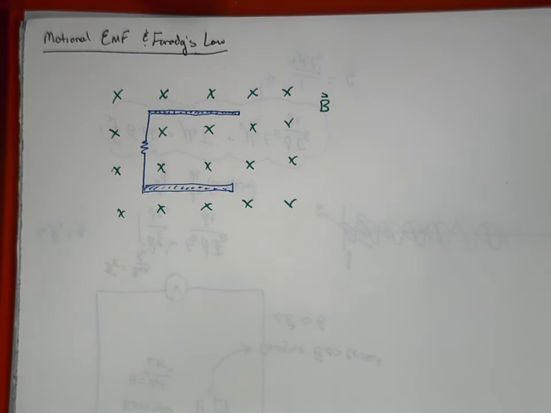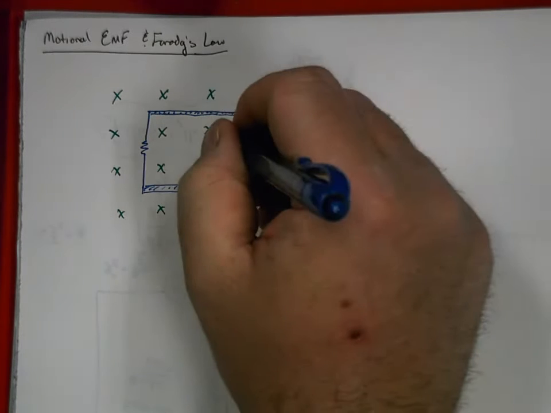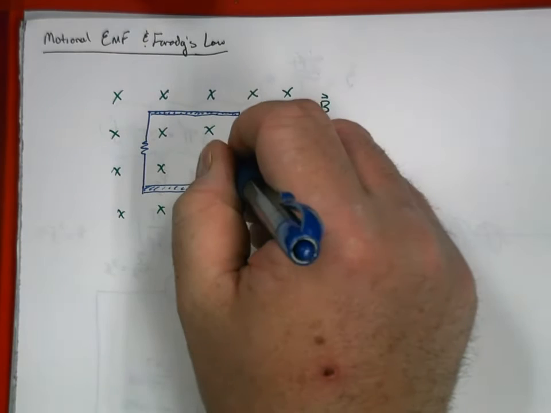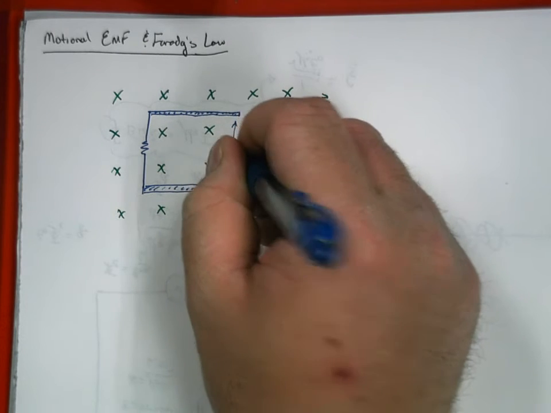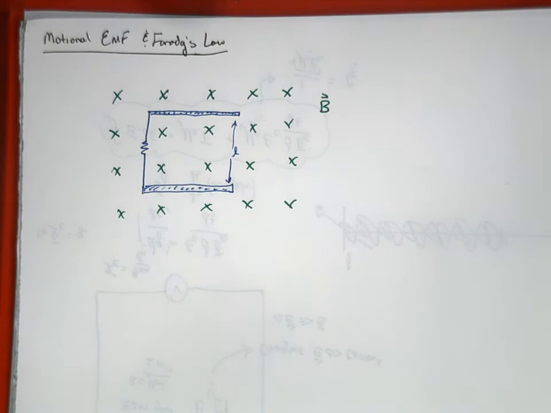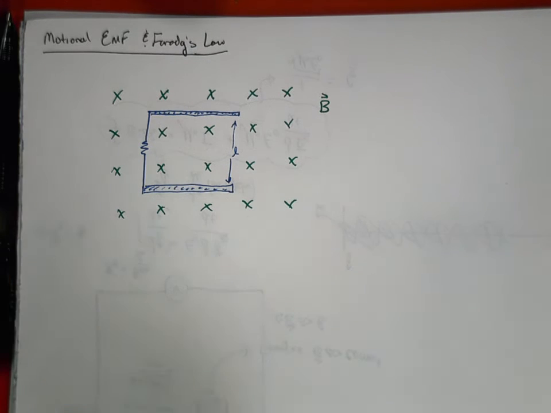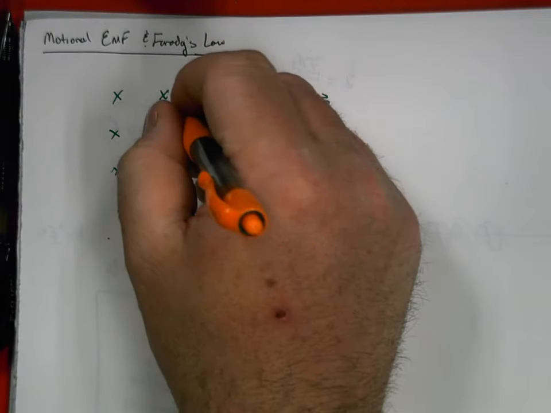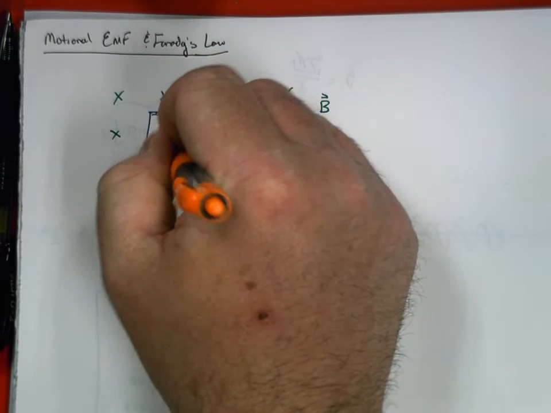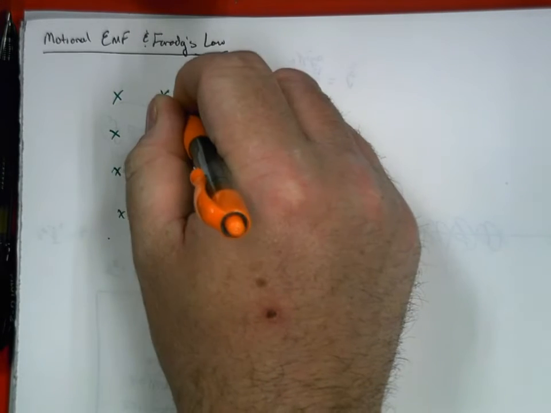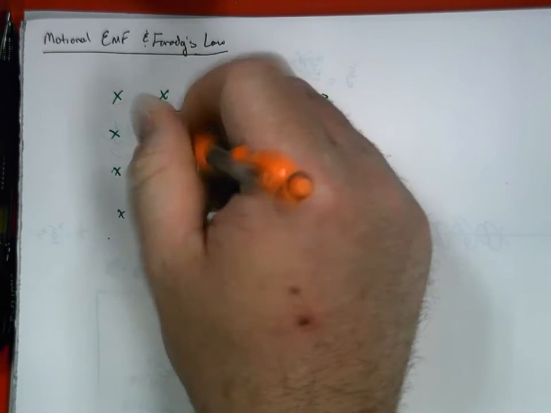All right, they are a distance L apart. And on these rails, we have a copper conducting slide.